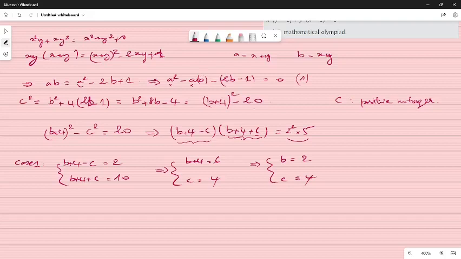We have a equals b minus c divided by 2, that is 2 minus 4 divided by 2, which is equal to minus 1, or a equals 2 plus 4 divided by 2, which is equal to 3.